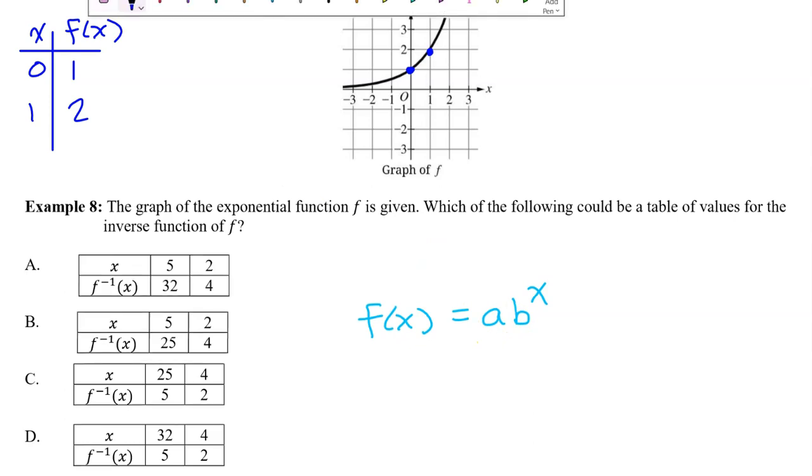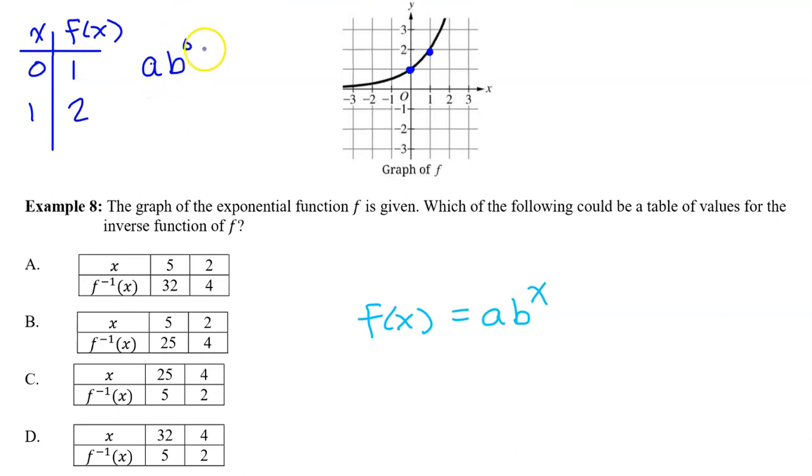To begin with, if we plug in 0 for x, then we are going to get 1 for f of x. So that means I have a times b to the 0 power is equal to 1. But b to the 0 power is automatically going to be 1. So that leaves me with a is equal to 1.